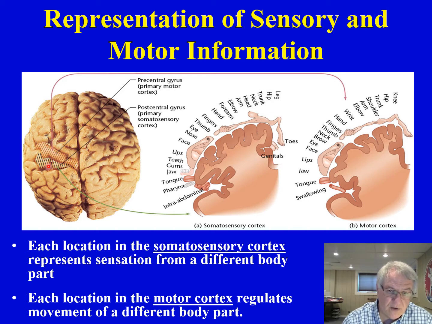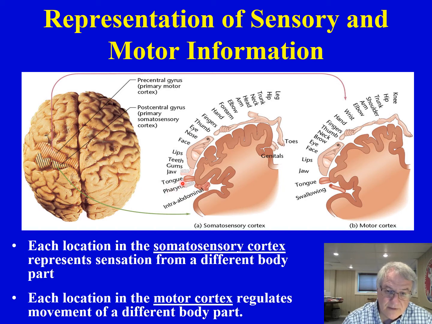Postcentral is what we call the somatosensory cortex. Each location in the somatosensory cortex represents sensation from a different part of the body. So if we were to take a slice of the brain right here, that comes from this area right here. This mediates the intra-abdominal area right here.